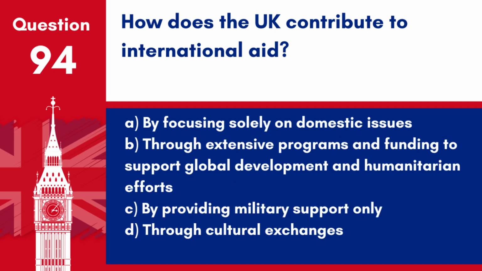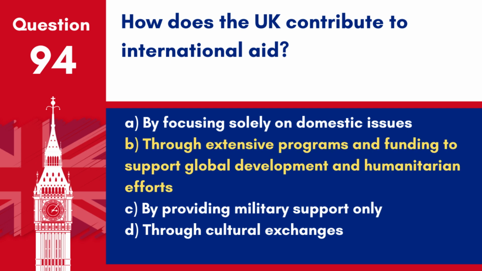Question 94. How does the UK contribute to international aid? A. By focusing solely on domestic issues. B. Through extensive programs and funding to support global development and humanitarian efforts. C. By providing military support only. D. Through cultural exchanges.